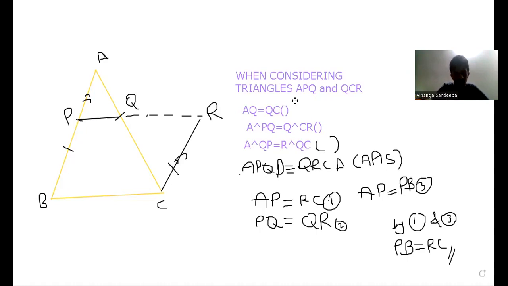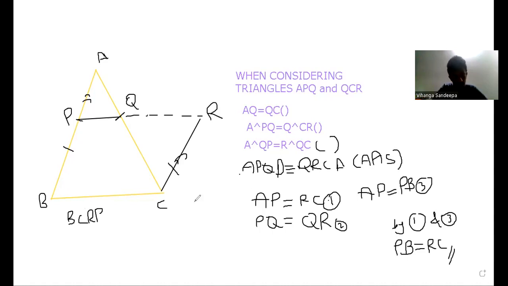So look at the figure. In the quadrilateral BCRP, look at the problem BCRP.